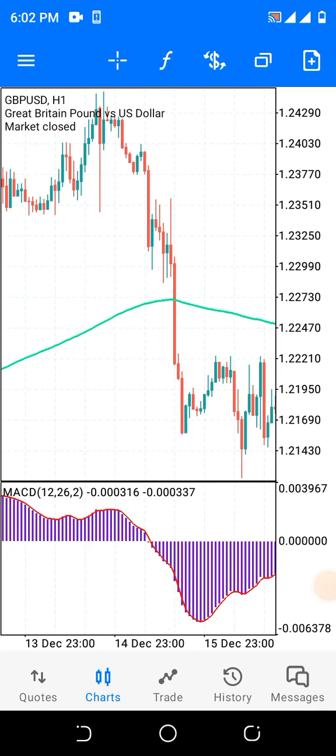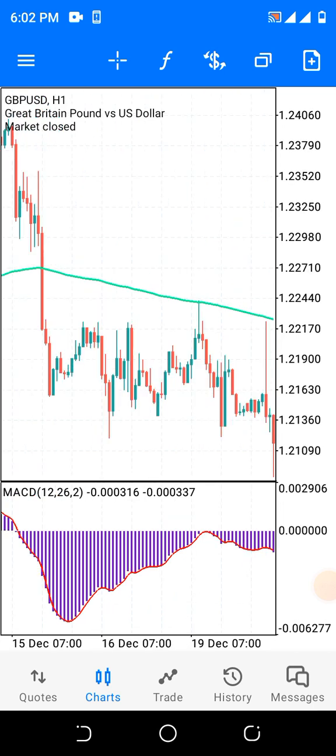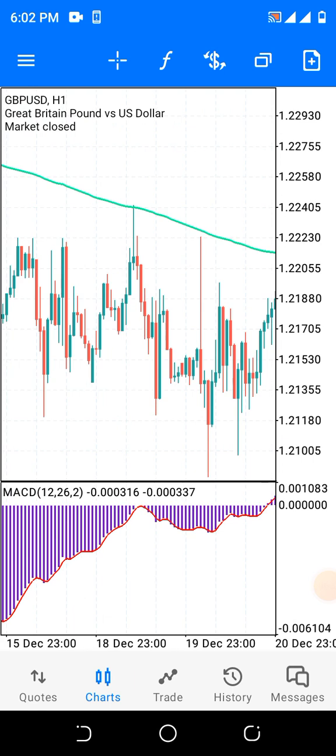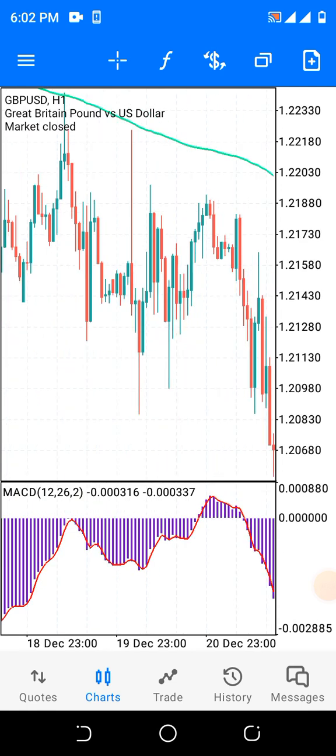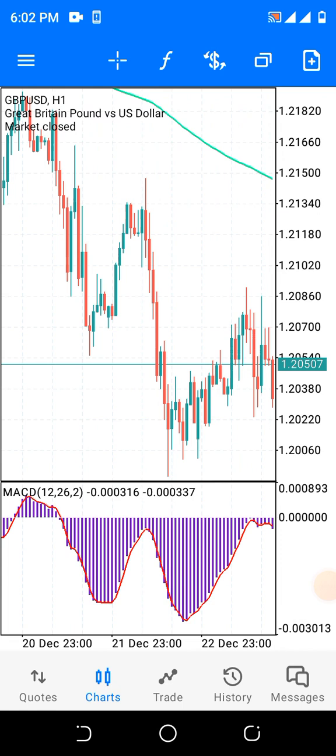That is what forex trading is all about: identifying the direction and keying in the direction of the market. Once you move with the market, you will make profits. Once you are in the same direction with the market, you will make massive profits. Now let me show you how this strategy works.